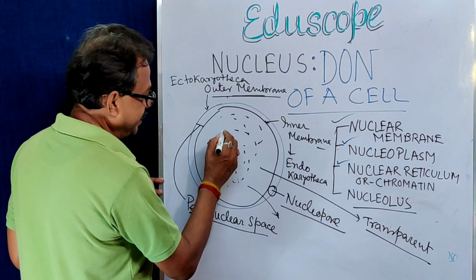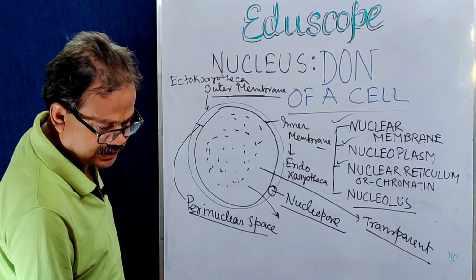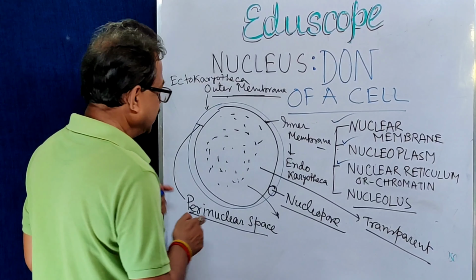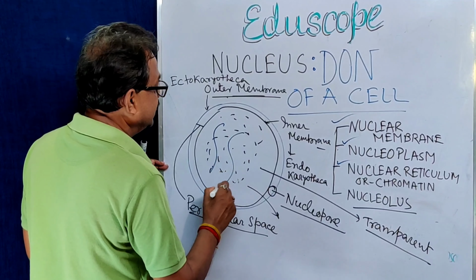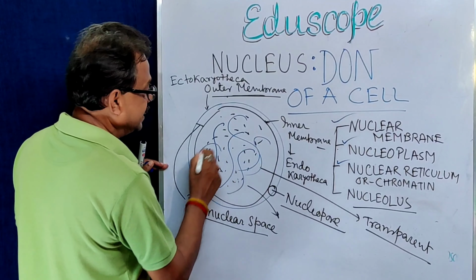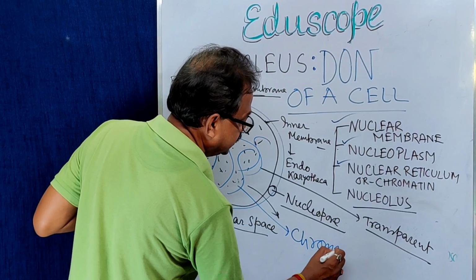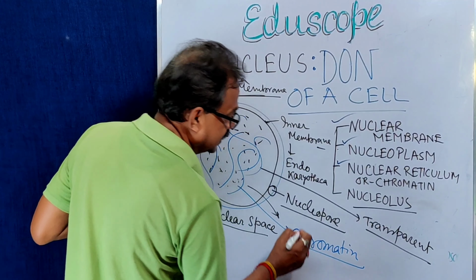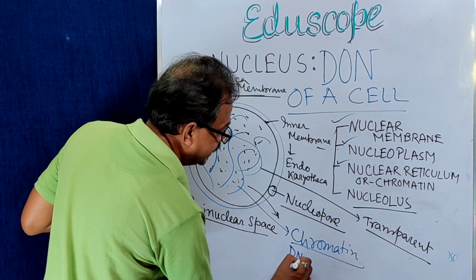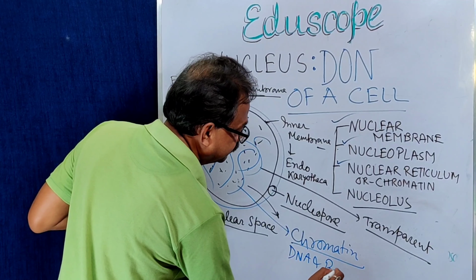Now the nuclear reticulum. Here we can find thread-like structures made up of DNA and protein. The thread-like structure is called chromatin fiber, made up of DNA and protein.